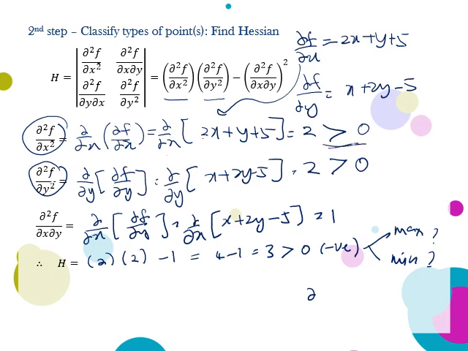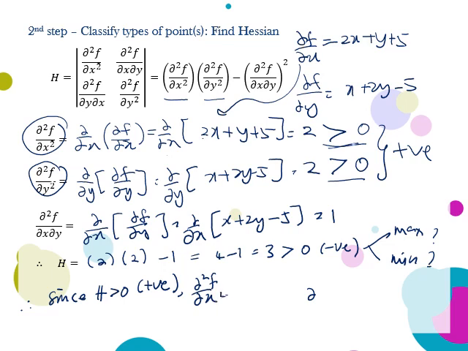Okay, so we can make a conclusion. Since the Hessian is greater than 0, which is a positive value, and del square f over del x square and del square f over del y square are also greater than 0, it is a minimum value.